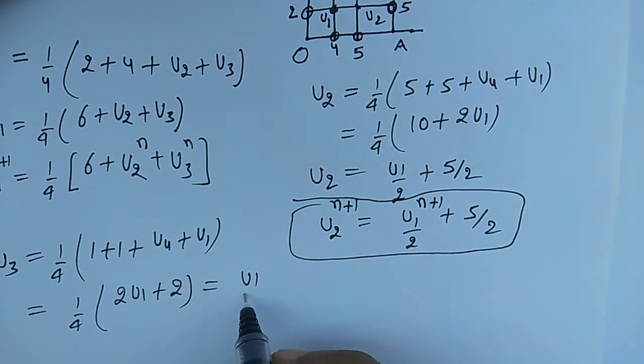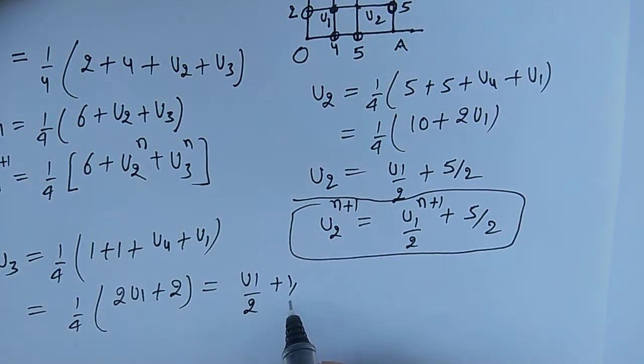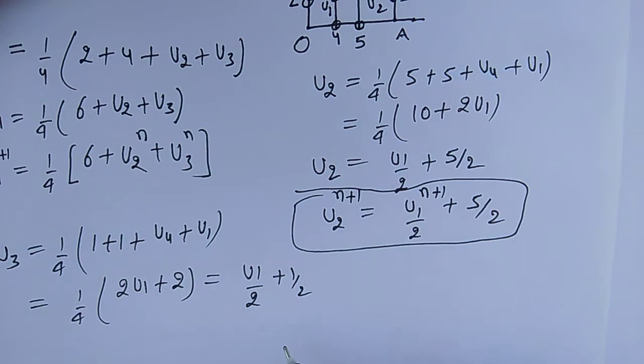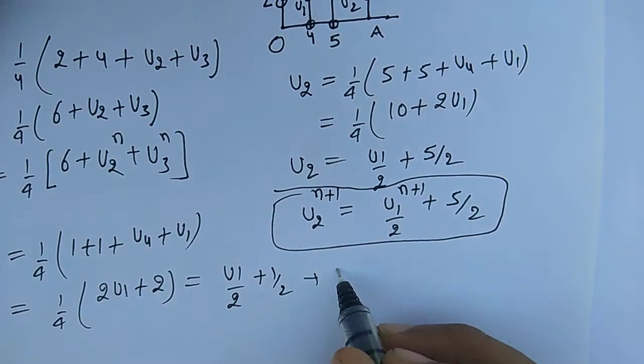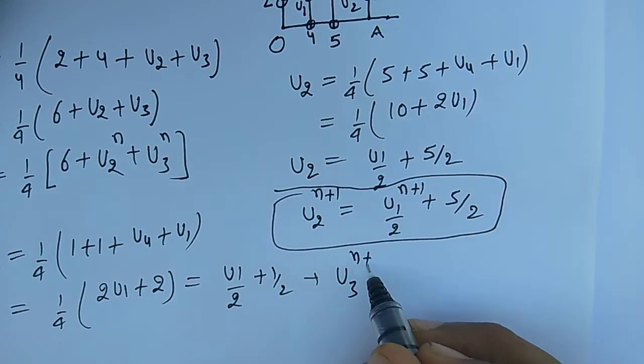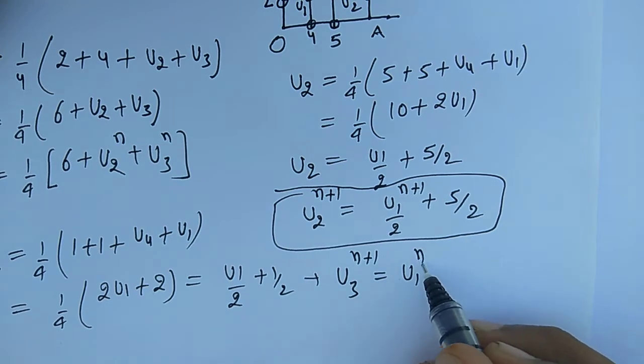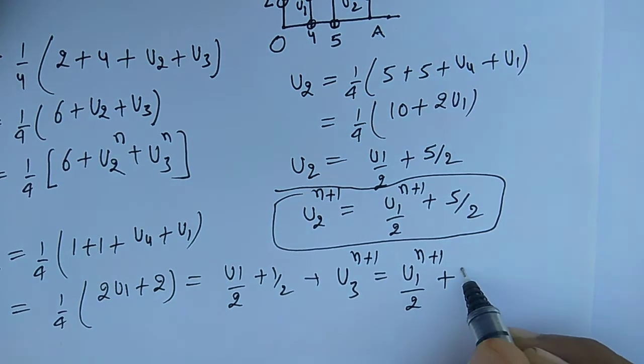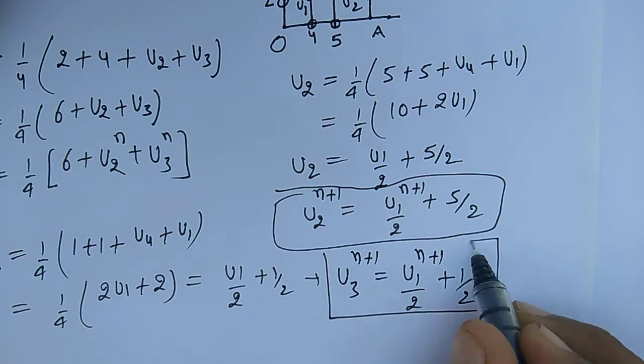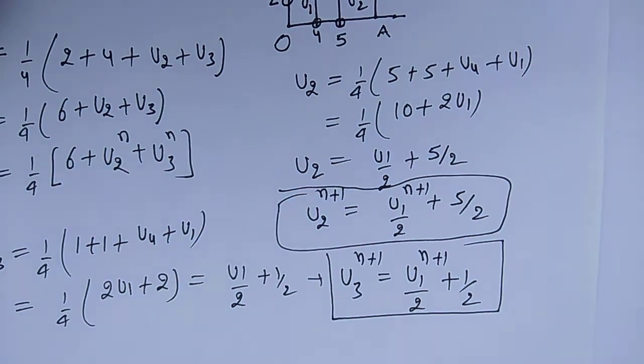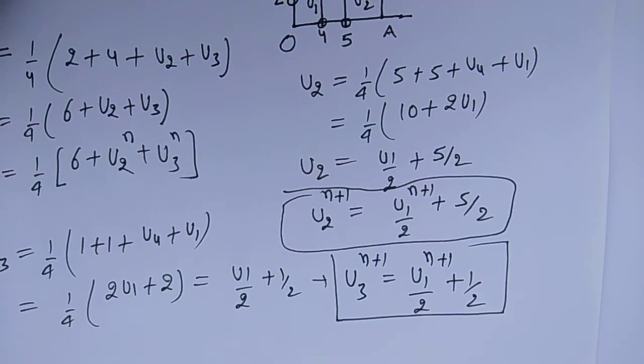So we have u1 by 2 plus 1 by 2. If you find the iteration formula, we get u3 (n plus 1) equal to u1 (n plus 1) by 2 plus 1 by 2. So these are the iteration formulas for u1, u2, u3.